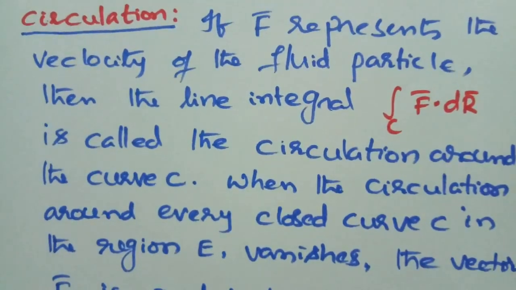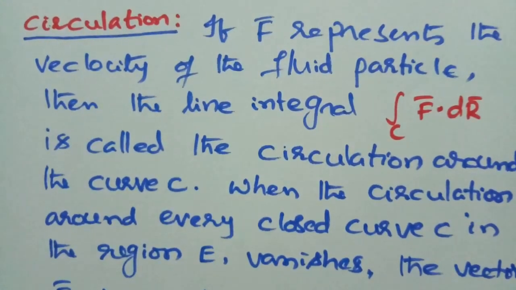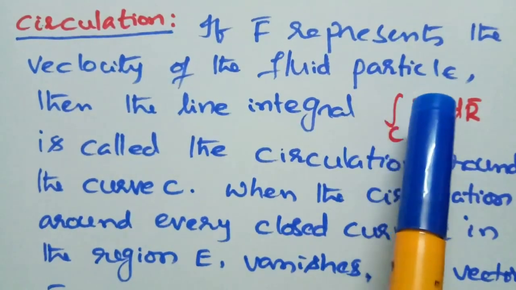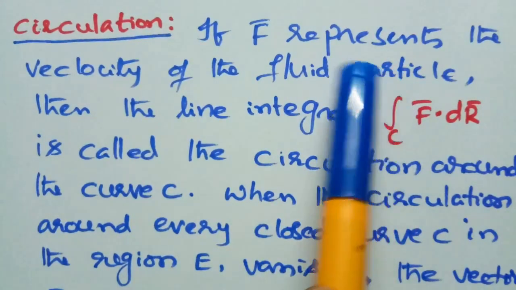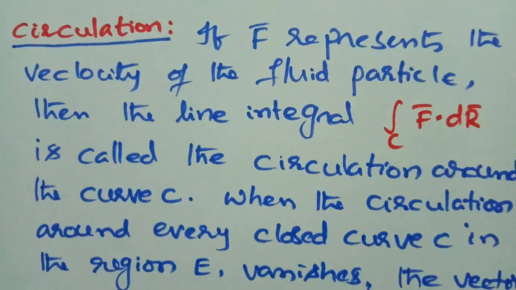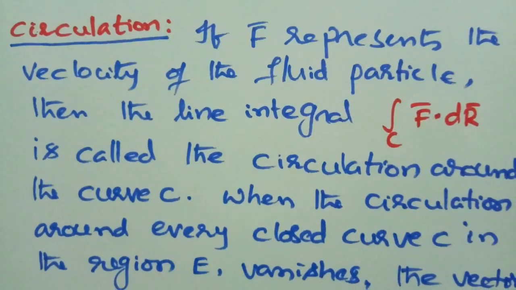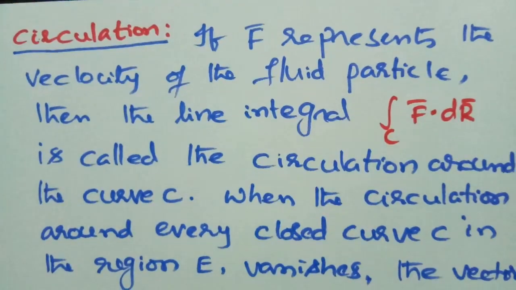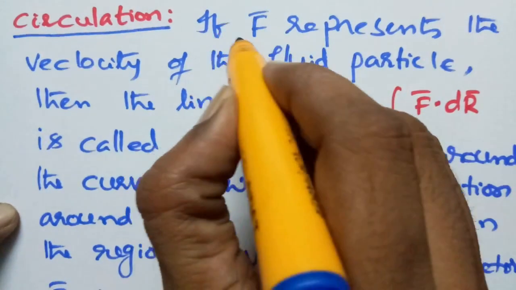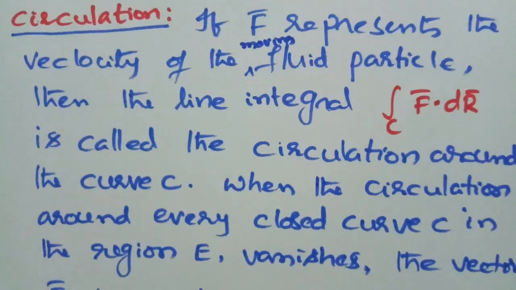Now this line integral is called circulation when f bar represents the velocity of a moving fluid particle.